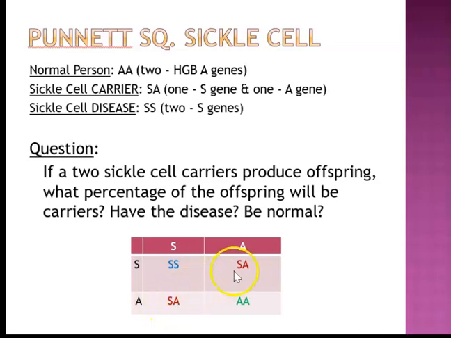But you have a 50% chance of an offspring being a carrier of the disease. They don't have the disease, but they're carrying the gene for the disease.